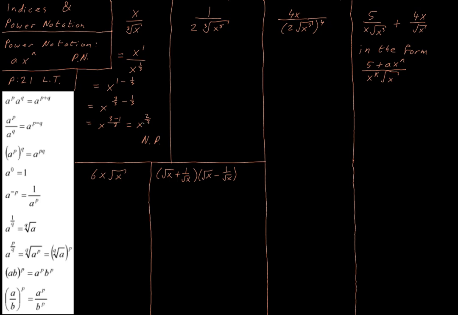If we were to write that for a final answer in an exam, we would generally not leave it in this form. So that is power notation. If we want it as a final answer, we would say this is the same as x to the 2 times 1/3.